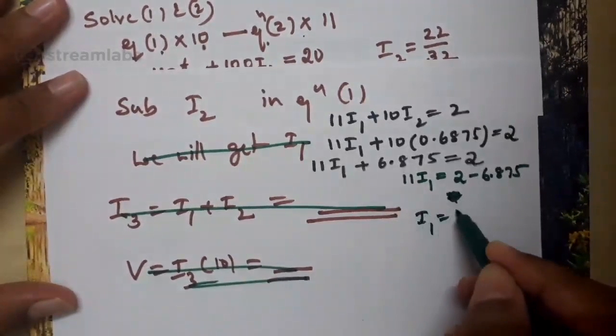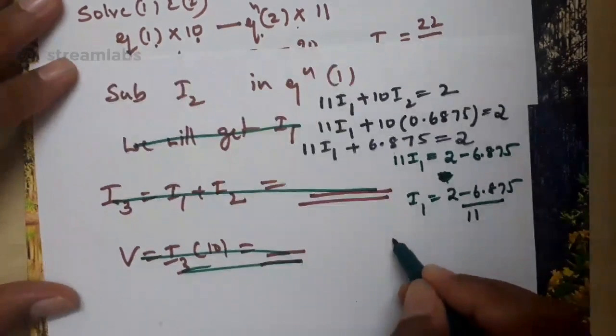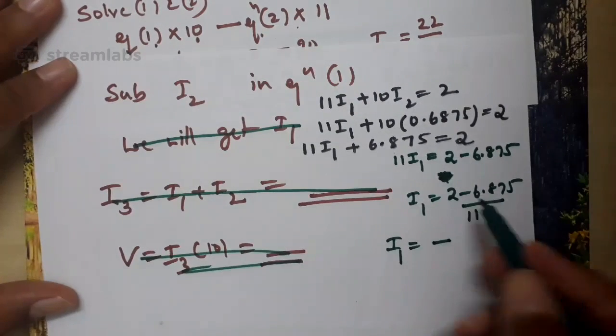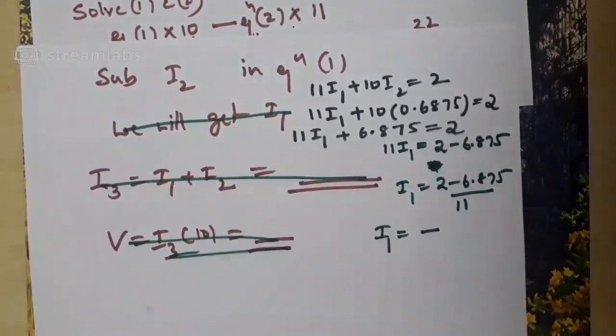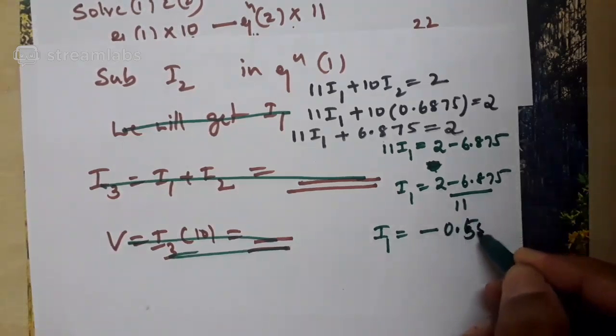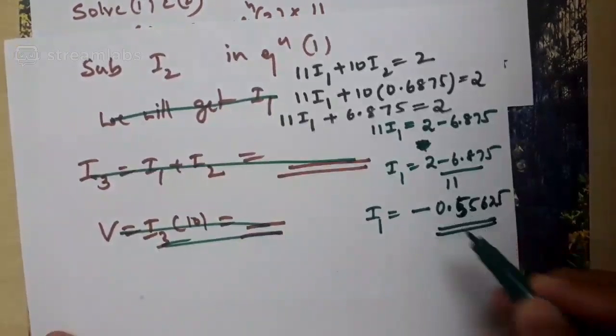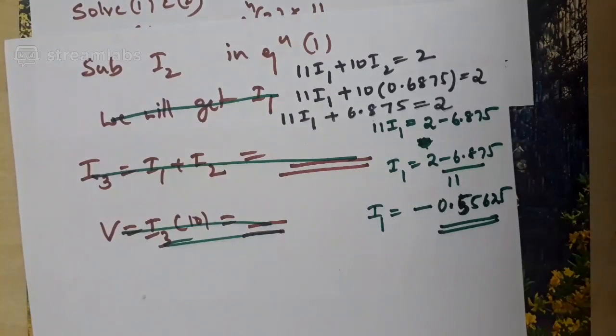So I1 will be equal to 2 minus 6.875 divided by 11. You will find that I1 is surely negative because 2 minus 6.875 is obviously a negative answer, minus 0.55625. I think you are able to follow. Please copy it quickly.